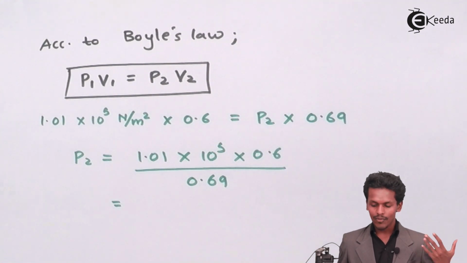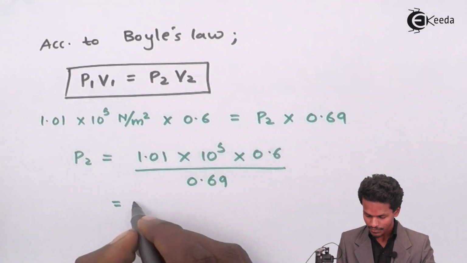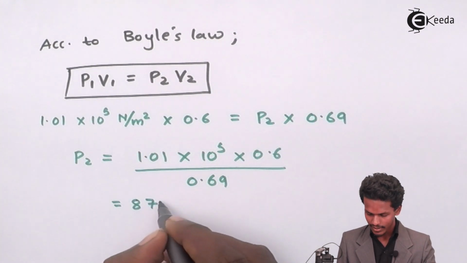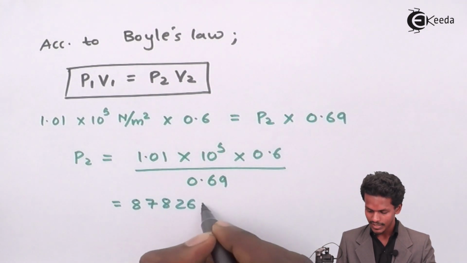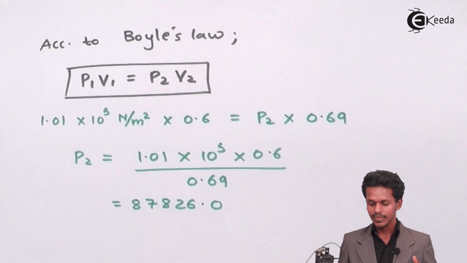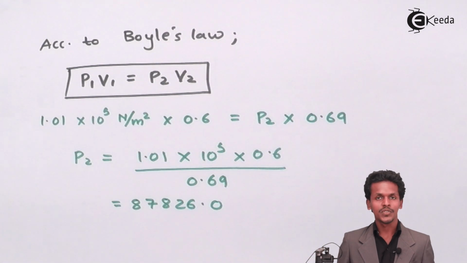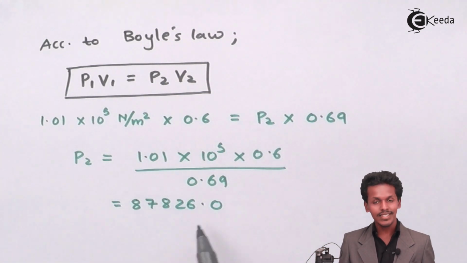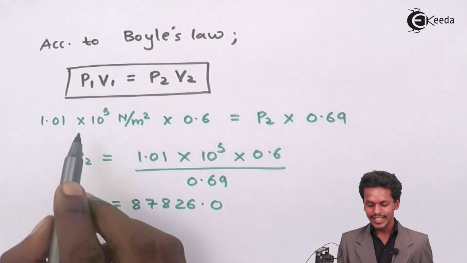So what we have got is the value 87826.0. But we could write it in Newton per meter square also. So I could arrange this value in the form of 10 raised to 5.